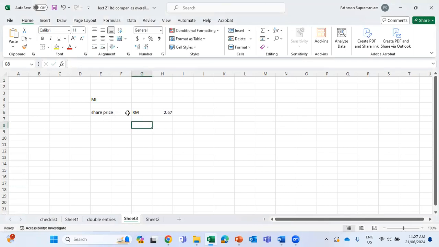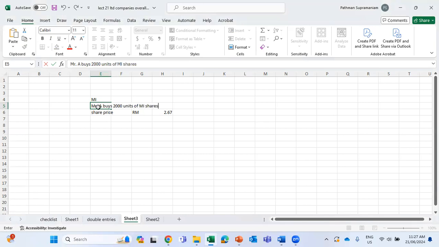Let's say Mr. A buys 2,000 units of MI shares. That means Mr. A buys 2,000 units of MI shares at a price of 2.67 per unit.